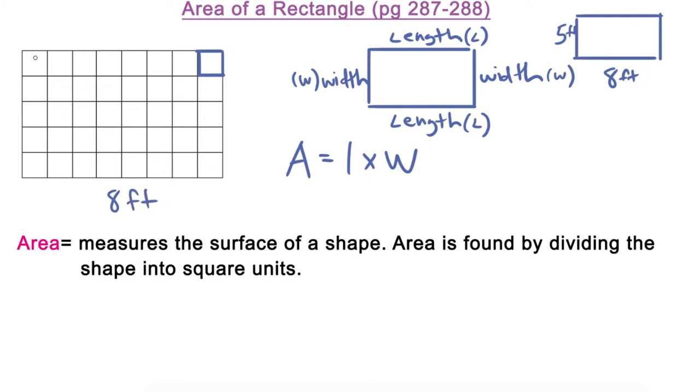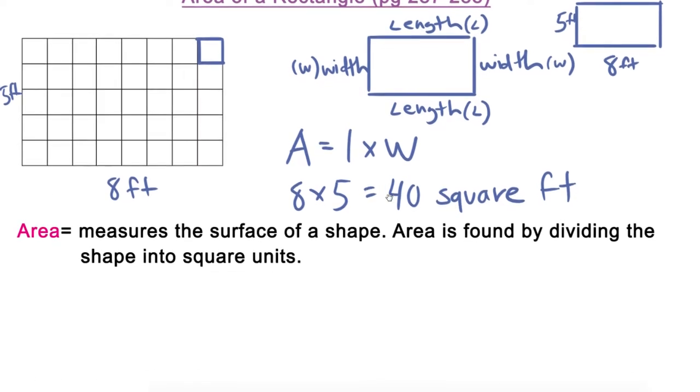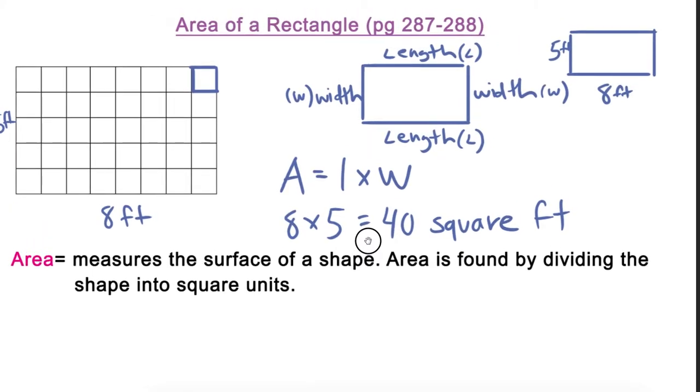And the top, 1, 2, 3, 4, 5, is 5 feet. So I could have just done 8 times 5 equals 40 square feet. That's the exact same answer, but I got it a lot faster just by using this formula, length times width. That's pretty much the lesson today.